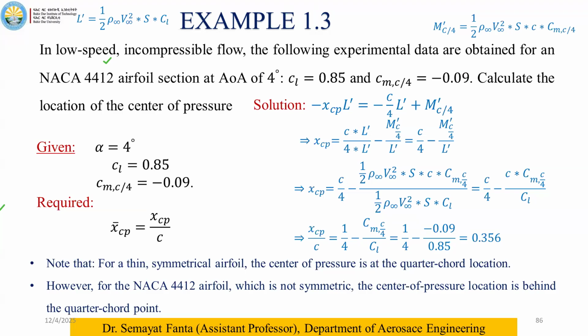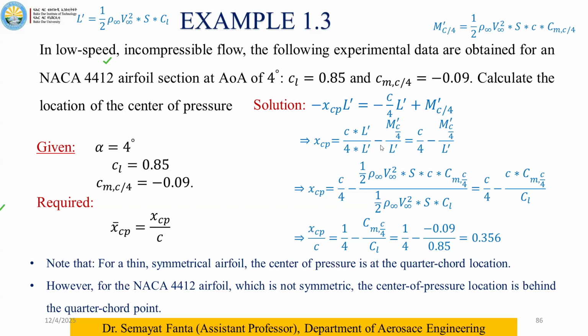Don't forget, it is not for the three-dimensional wing. The moment coefficient about the quarter chord is equal to minus 0.09. Calculate the location of the center of pressure. So these are the given parameters, and they require XCP bar. XCP bar means XCP divided by C. So what we are calculating is XCP bar.